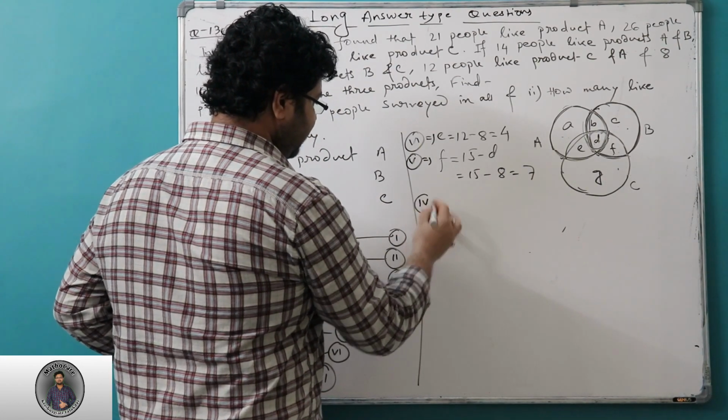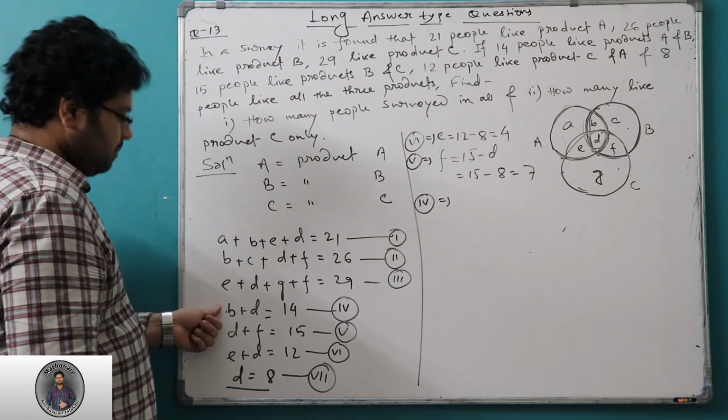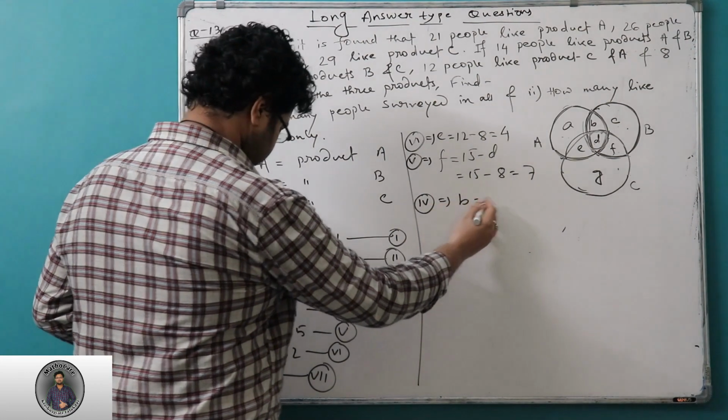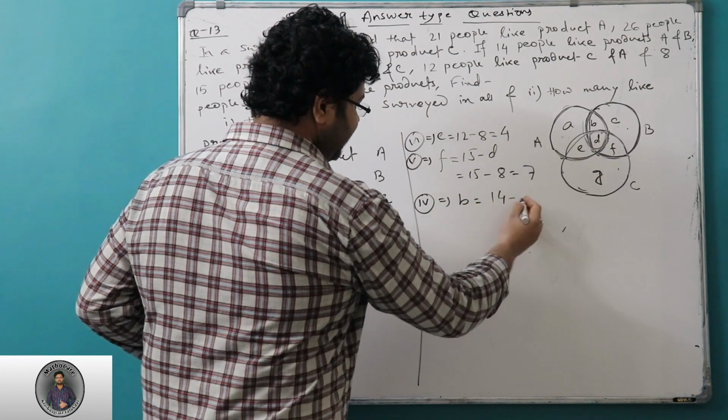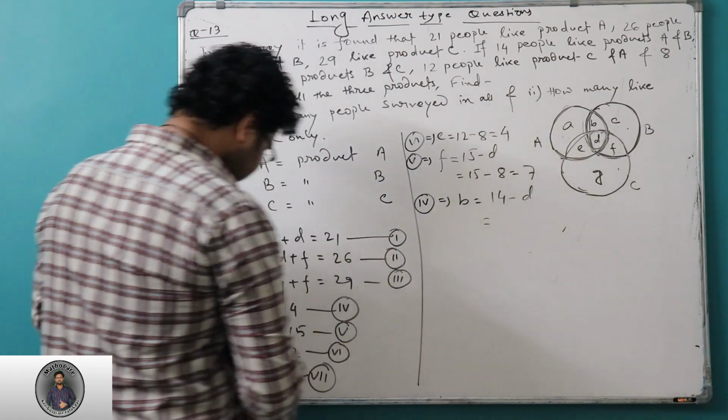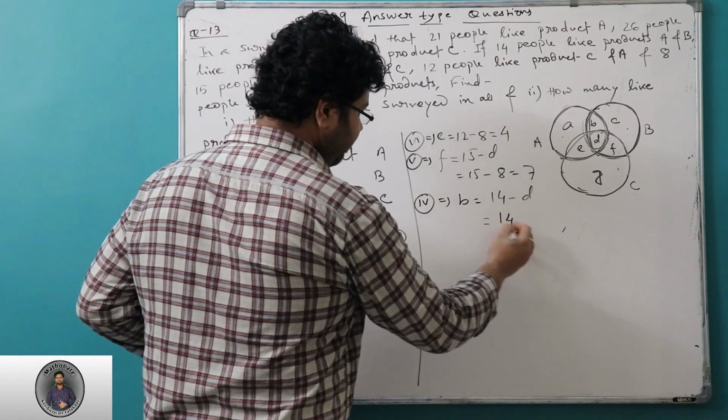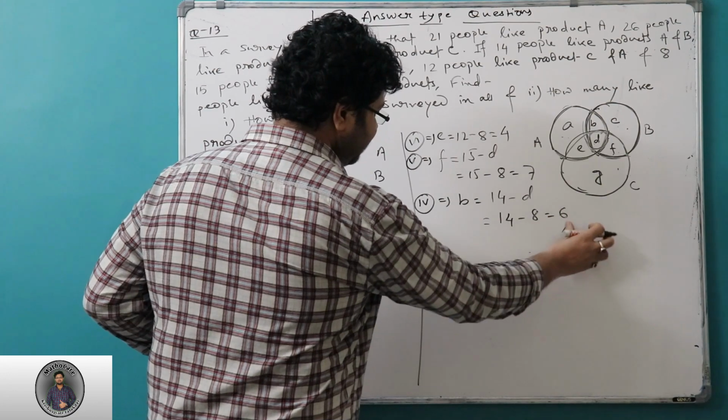Now from equation 4 we can say B will be 14 minus D, and D is given already, that is 8, so it will be 14 minus 8, that is 6.